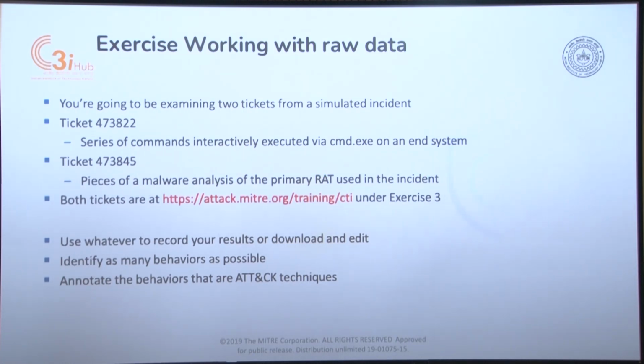So we have to go to this website, access the stored tickets, analyze and map the commands to the TTPs, and map whatever malware information is listed in that ticket to MITRE ATT&CK TTPs. Then you have to record your results, download and edit. You have to identify as many behaviors as possible from the commands and the malware analysis, and annotate those behaviors with MITRE ATT&CK techniques in that document.